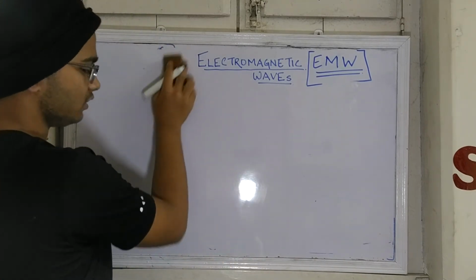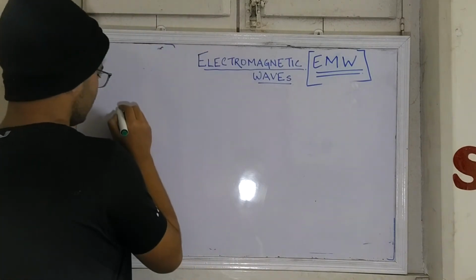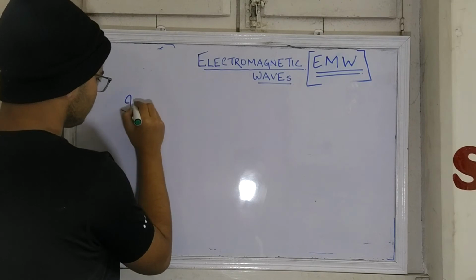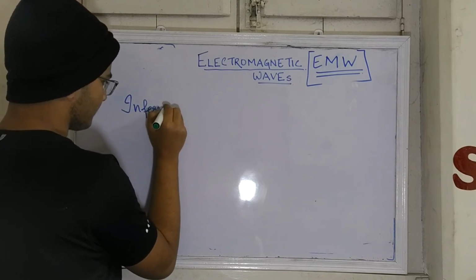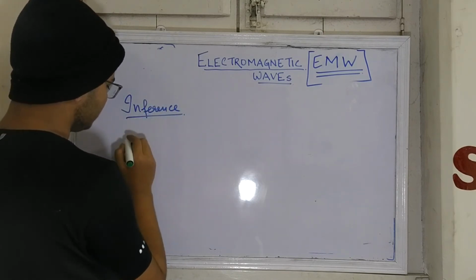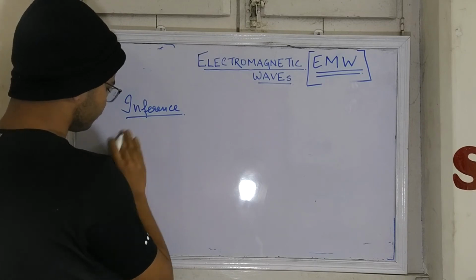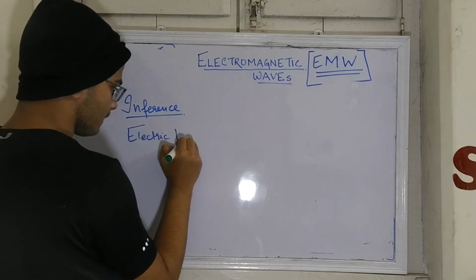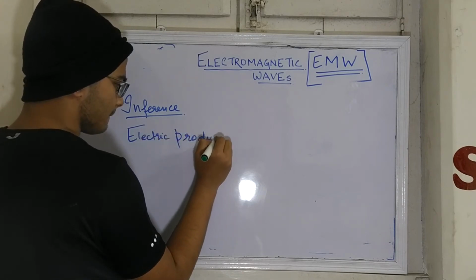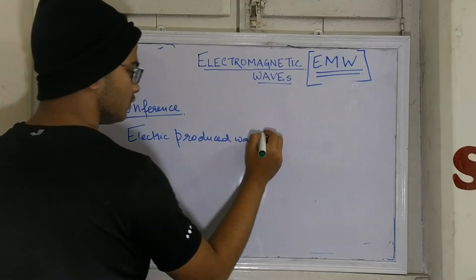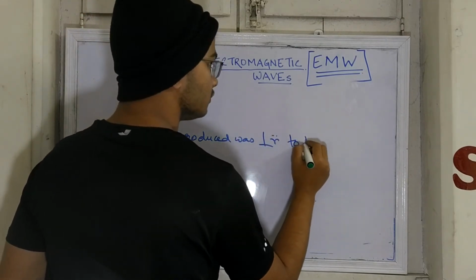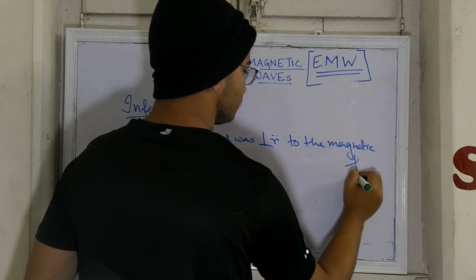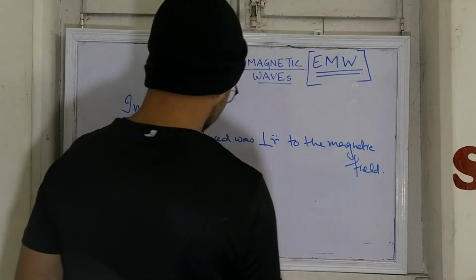So Maxwell said, it was not a proposal, it was stated, means inference, that the electric field produced was perpendicular to the magnetic field and vice versa.